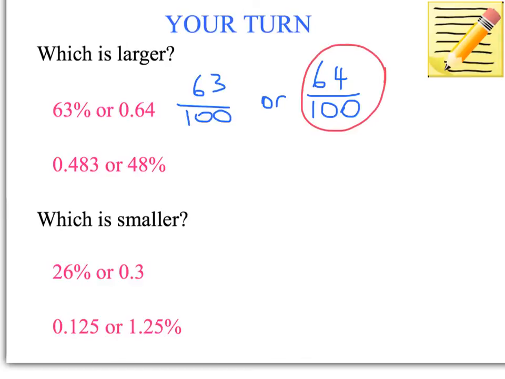Right, what about this one? 0.483 or 48%. We can convert the 48% to a decimal. You can do it either way if you want. So 48% as a decimal, we need to divide by 100 because 48% is 48 hundredths.